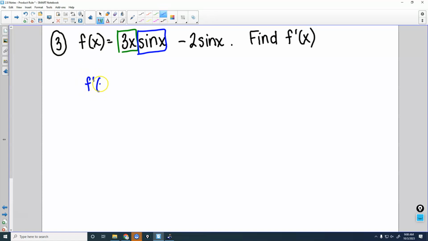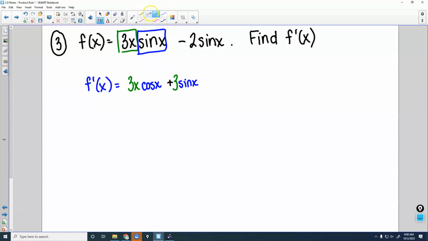So f prime of x is going to be 3x times the derivative of sine x, which is cosine x, plus sine x times the derivative of 3x, which is just 3. It's okay with you guys to put my 3 right there instead of second. That way it looks prettier.